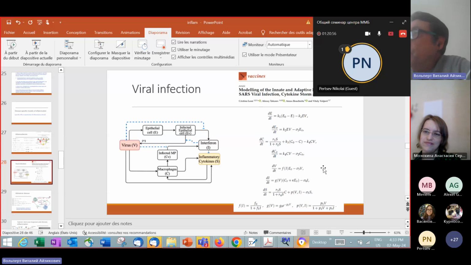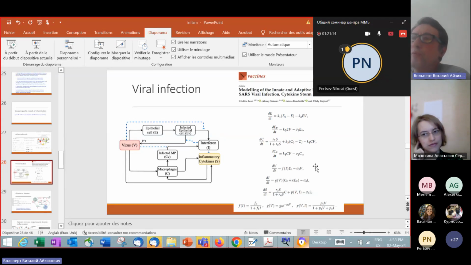Well, we discuss from time to time such kind of terms in different models and different equations. For example, when we have cytokines or viruses, do we need to take into account the depletion in such equations?